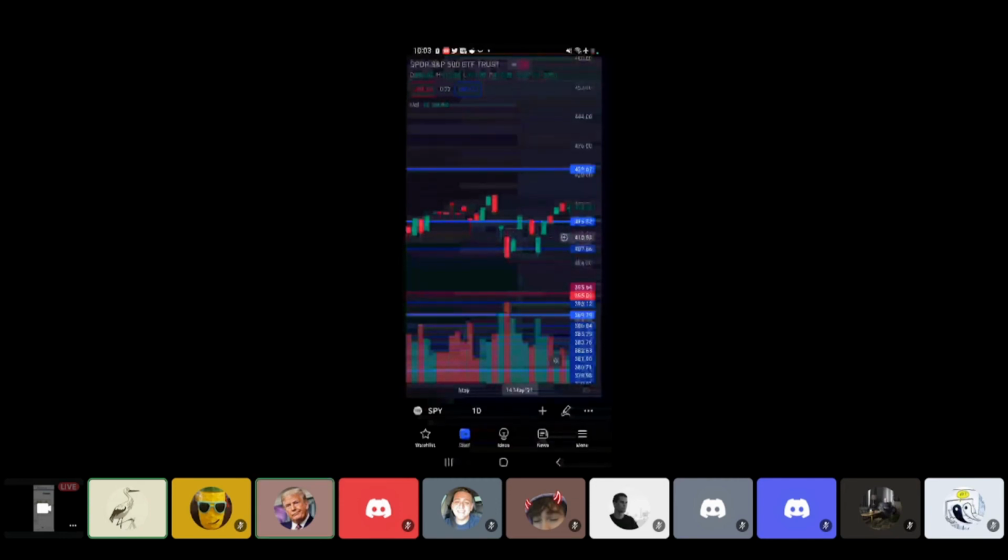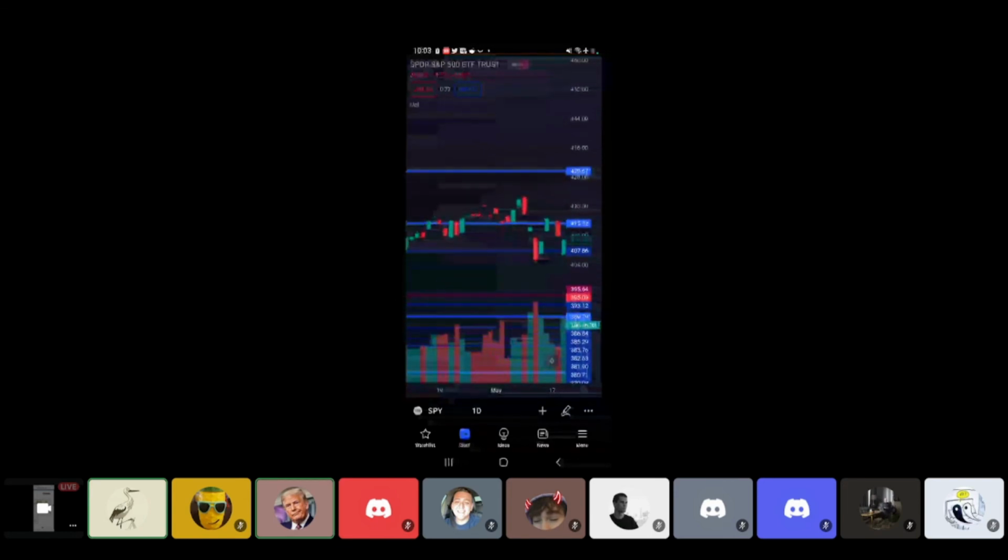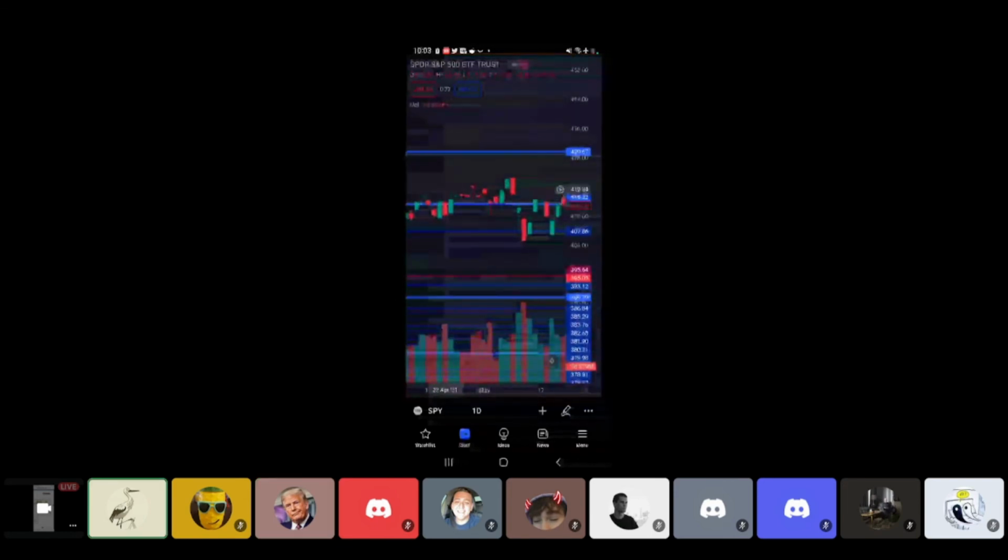So this would be another good example over right here. Let's do here, a green bar. If it started off like this and created a move towards the end of the day, but it never broke the resistance of the candle the day before, it bounced and ended with a day high.